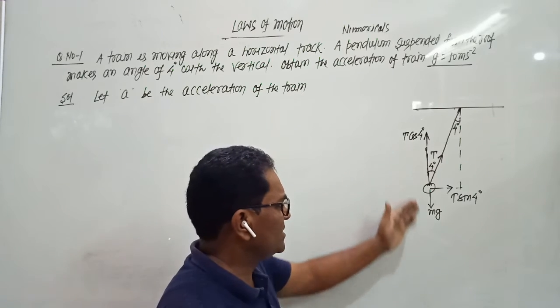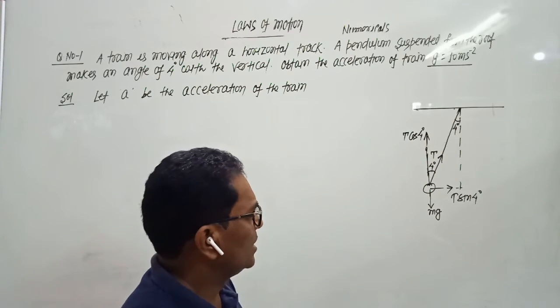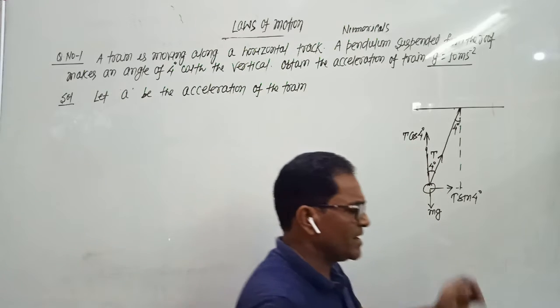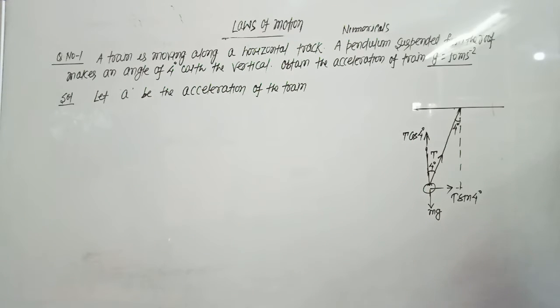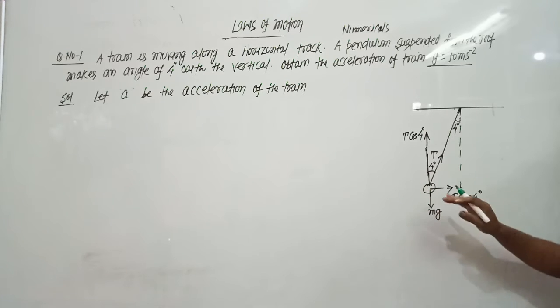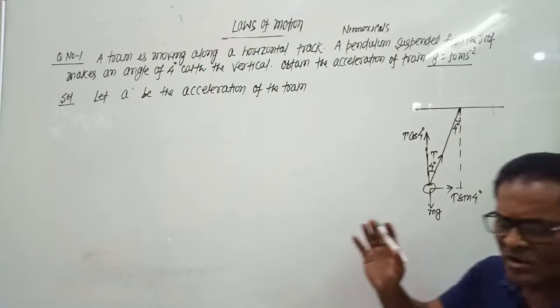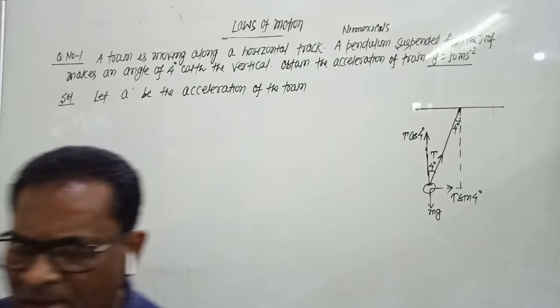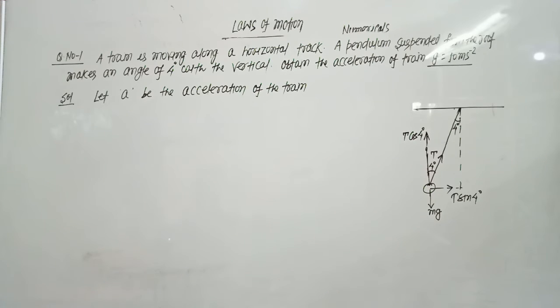Now we equate these forces. T cos 4 degrees equals mg, because mg acts downward and T cos 4 degrees acts in the opposite, vertically upward direction.